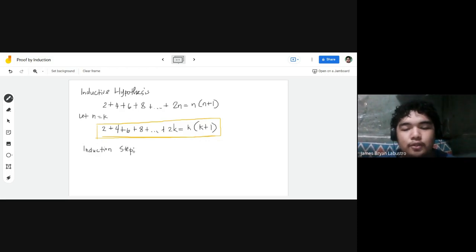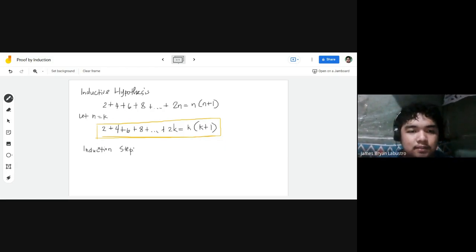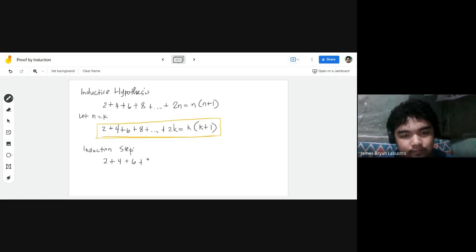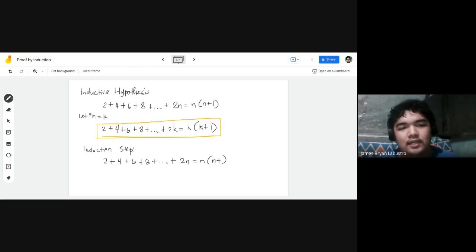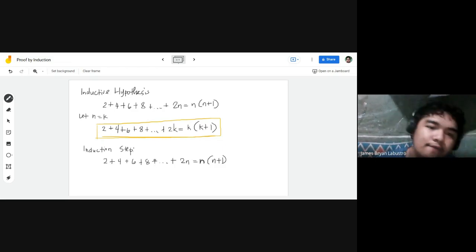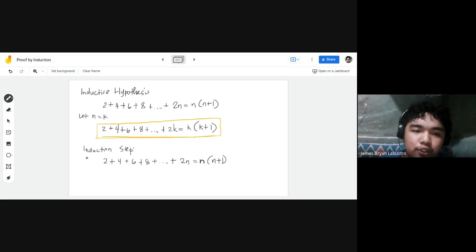how are we going to get the induction step? We must first rewrite this. You can write it or not, it's your choice, it's your liberty. n times n plus 1. So at this point, we need to have the inductive hypothesis.